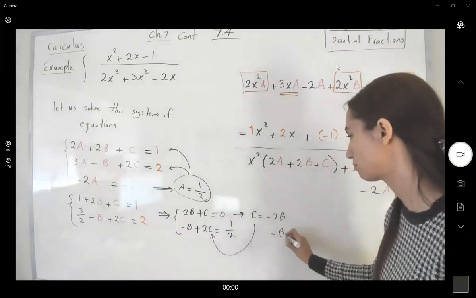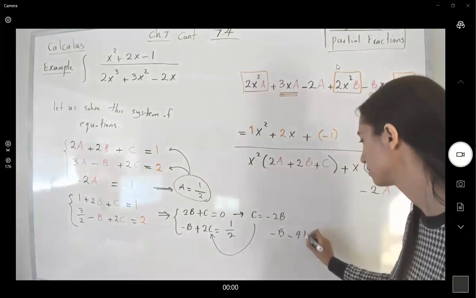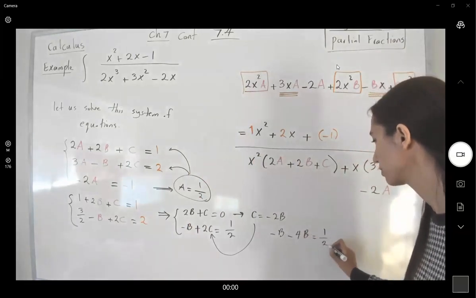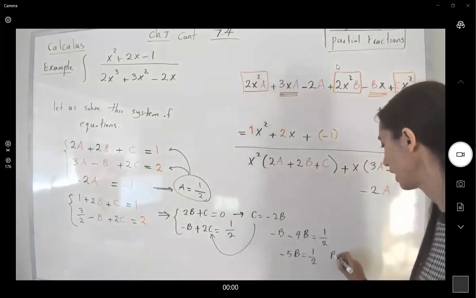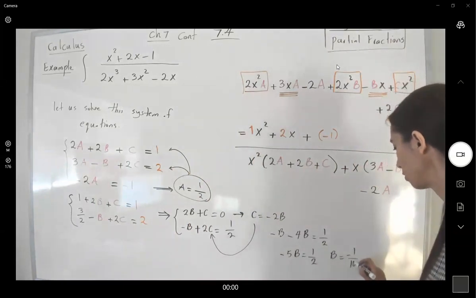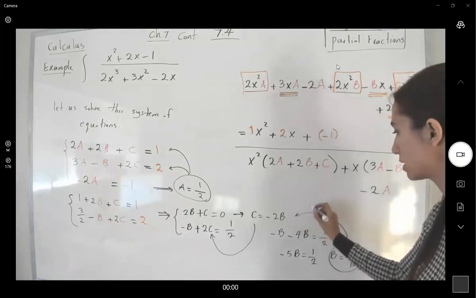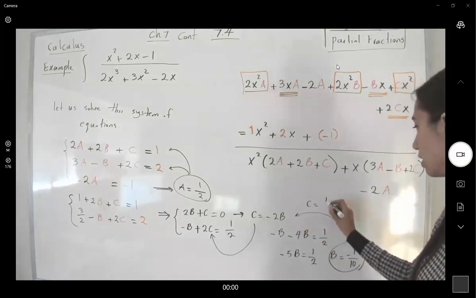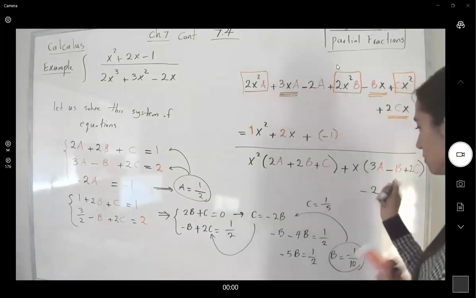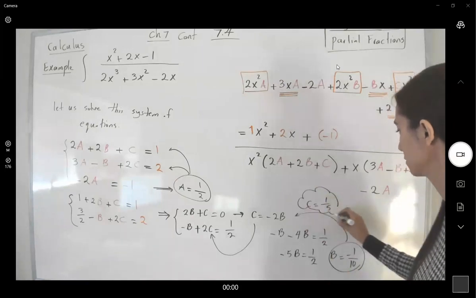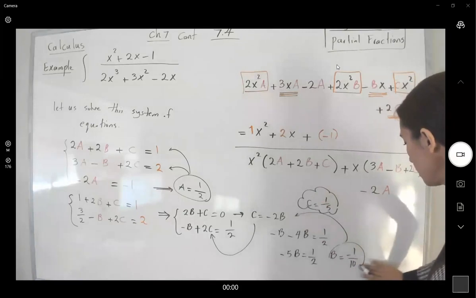So minus b and here negative 4b is a half, so minus 5b is a half, and b is negative 1 over 10. Since b is negative 1 over 10, c is going to be a fifth. So we found our a, b, and c.